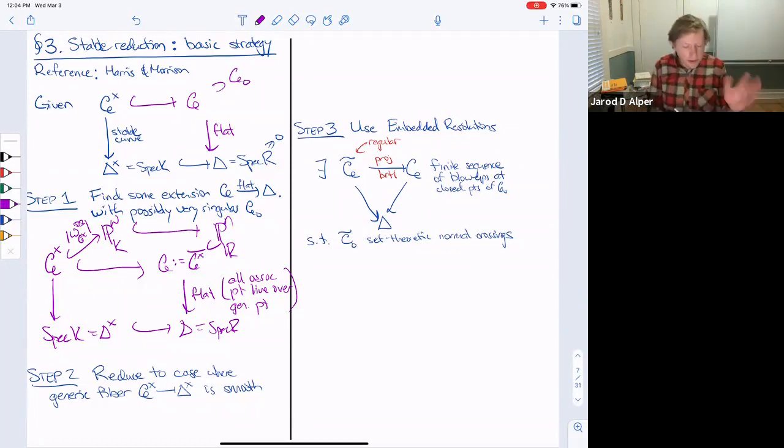And maybe the second step, well, I guess you could have done this first, is that we're going to reduce to the case where the generic fiber is smooth.